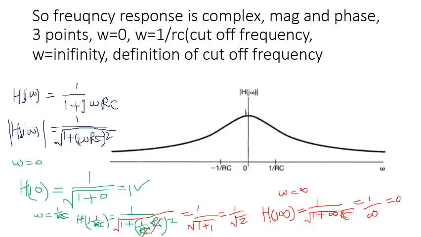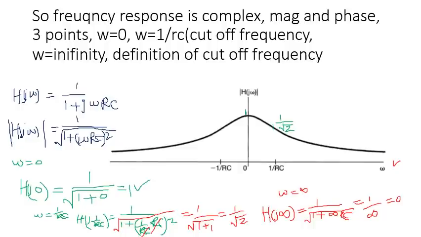If we plot the graph, it will look like this on the x-axis. Here at 1 by RC, the magnitude will be 1 over square root of 2.